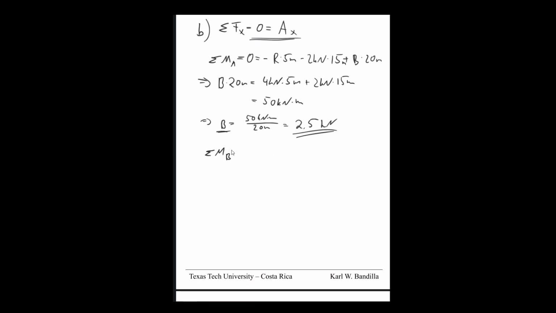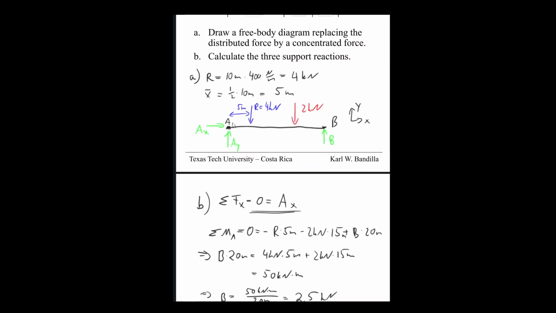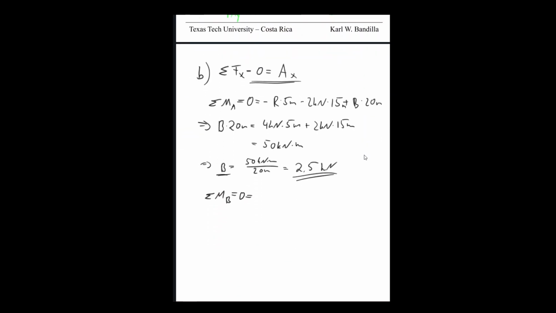Sum of moment around B equal to 0. What do we get there? We get AY. AX is 0, but also doesn't have a moment arm because the line of action goes through B. But AY is turning clockwise, so it'll be minus AY times the full length of the bar, so 20 meters.